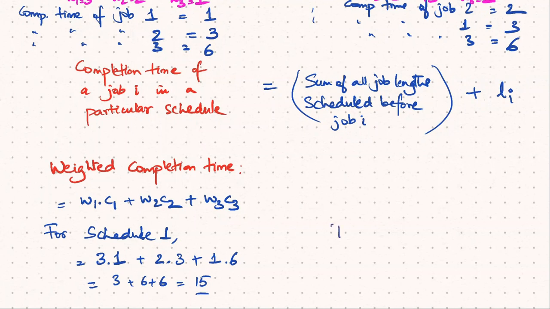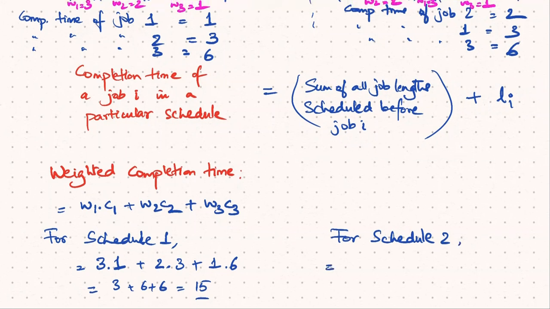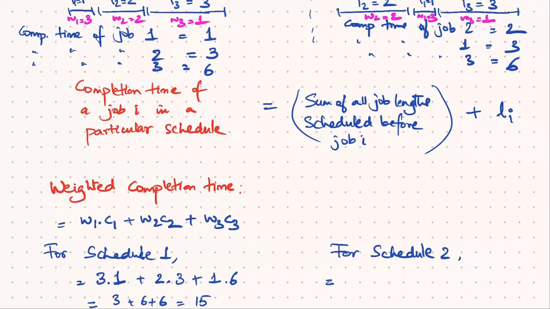What about schedule 2? Can you compute the weighted completion time of schedule 2? Here the second job finishes at time 2, and has weight 2.